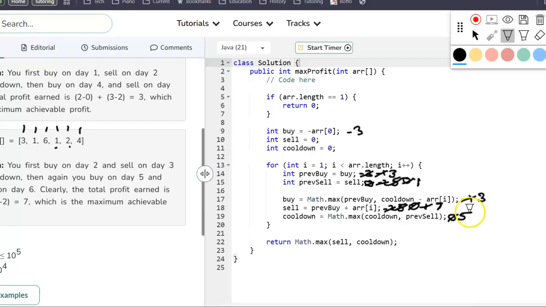And cooldown is the max of cooldown or previous sell. That doesn't change. Max of sell and cooldown is going to be right here, 7, and that is actually the correct answer. All right.